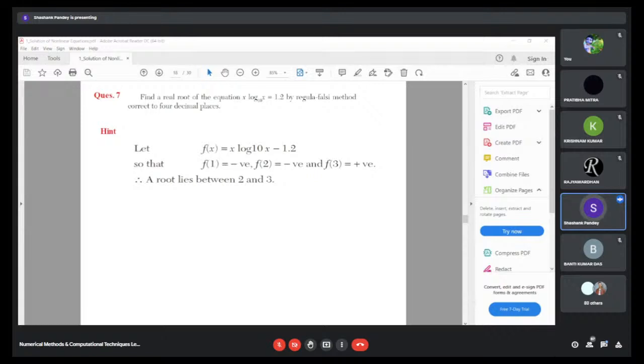If you are good at plotting this curve, then obviously you will get to know one of the roots. You will have an idea of one of the roots. So any one of you can give this value of x at 4. You can write it in the chat box. You can say it orally also.